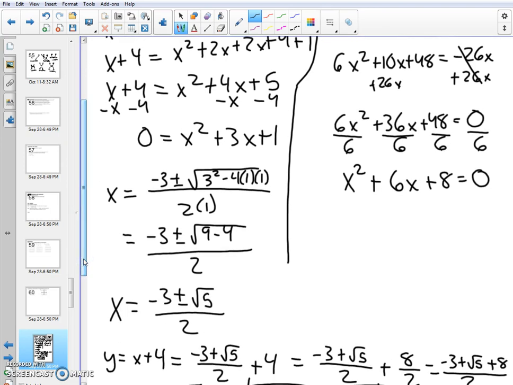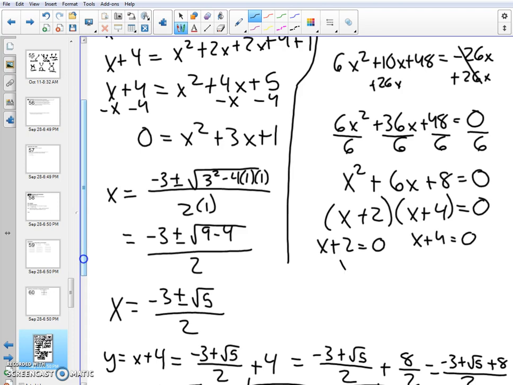Okay, and then I know this one is going to factor. So I want to think about things that multiply to be 8, 4 and 2. 4 and 2 add to be 6, so that's perfect. Okay, so now I set each piece equal to 0. I have x is negative 2, x is negative 4, and we're almost there.